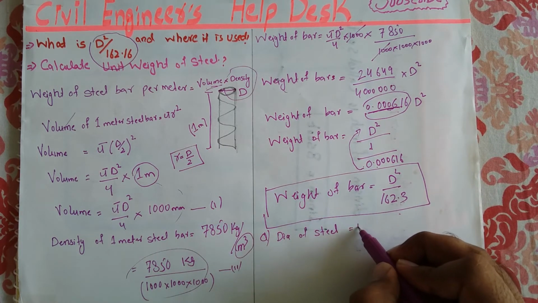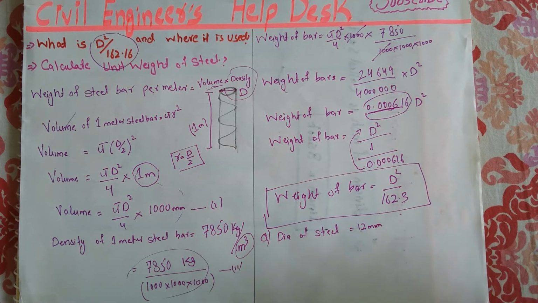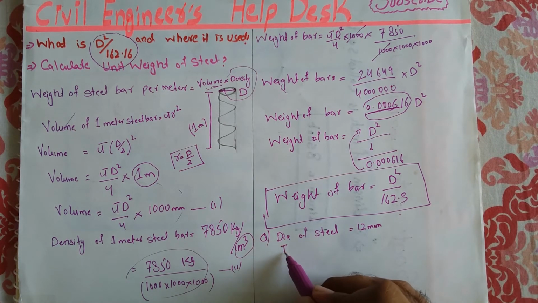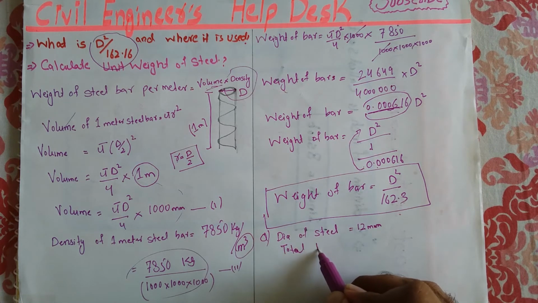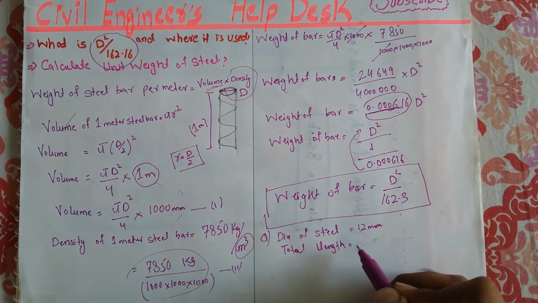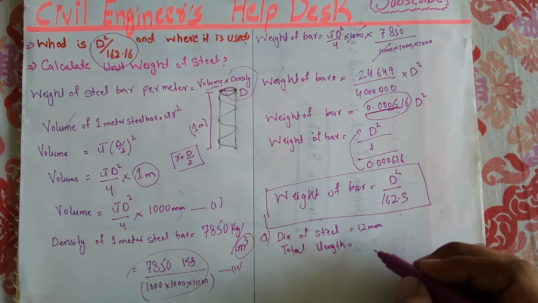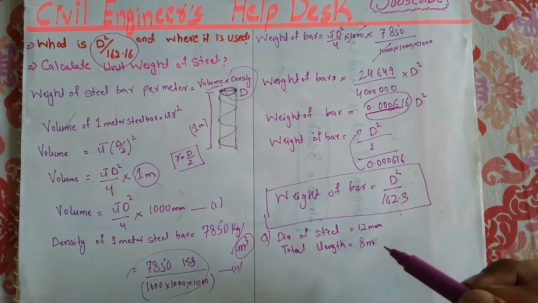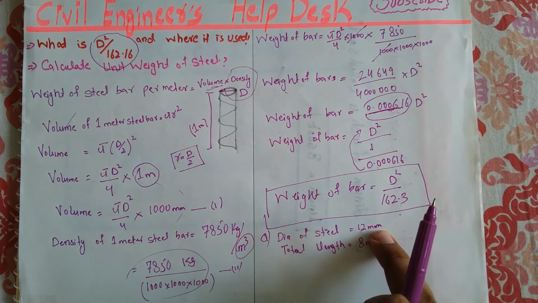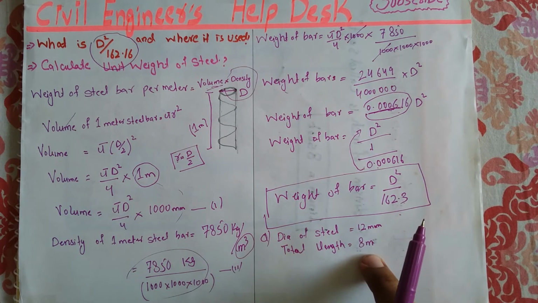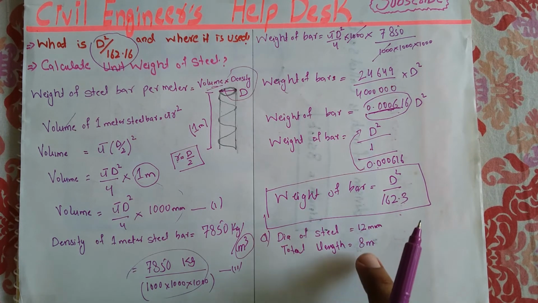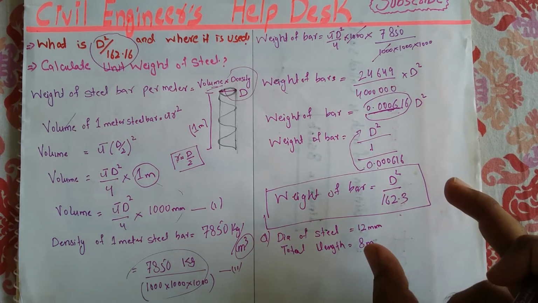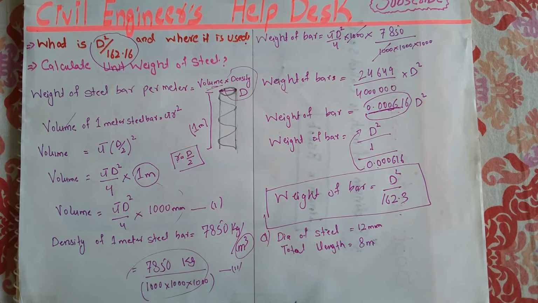Dia of steel is 12, and the total length you have calculated from the drawing, roughly, for understanding I take as 8 meter. So how will you calculate the unit weight of steel?